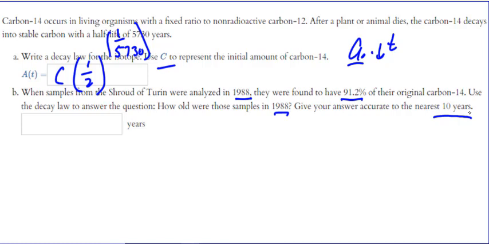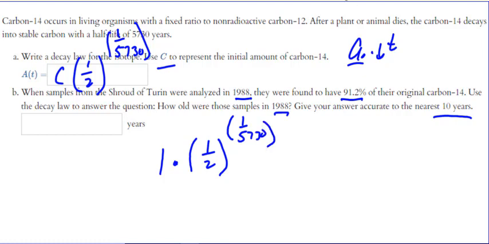So what we're looking at is, well, how much do we start with? You can start with any number, I guess. But the easiest one to start with, that would give you 91.2%, would be 1 times 1/2 raised to the 1 over 5730.